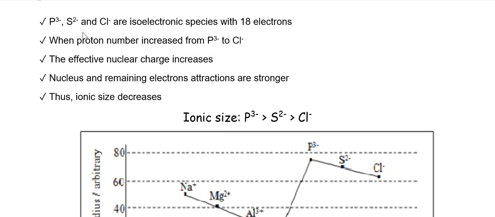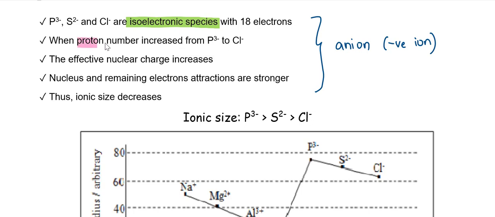And the last part, we discuss the anions only, the negatively charged ions. It is actually the same as what we discussed for the cations just now. P3 minus, S2 minus and Cl minus are all isoelectronic species with 18 electrons. The proton number increases from P3 minus to Cl minus.